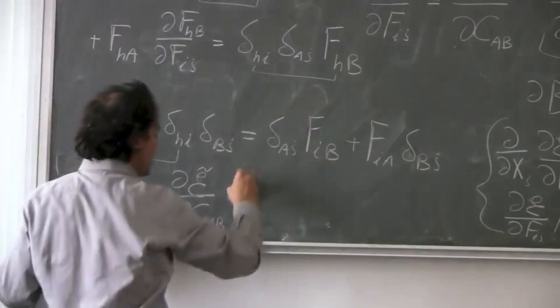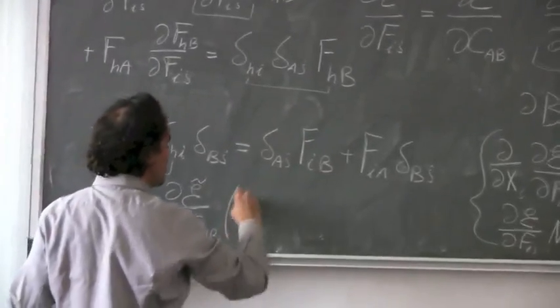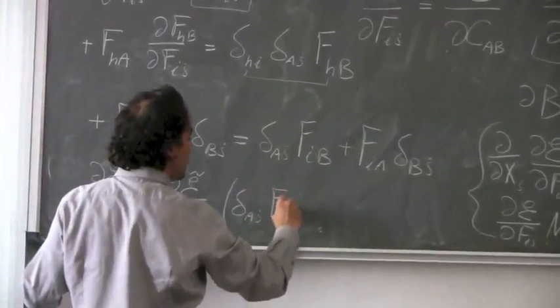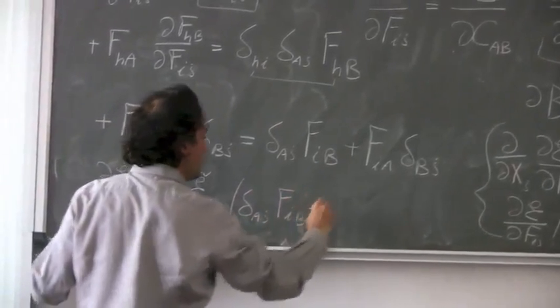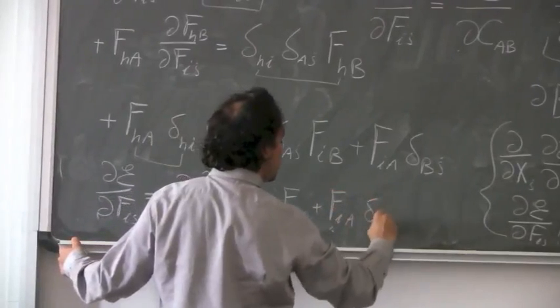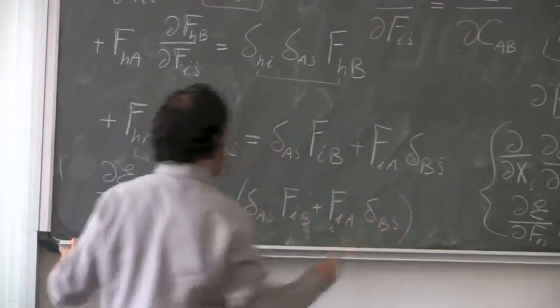That is this one. So, parenthesis, delta_AJ F_IB plus F_IA delta_BJ.